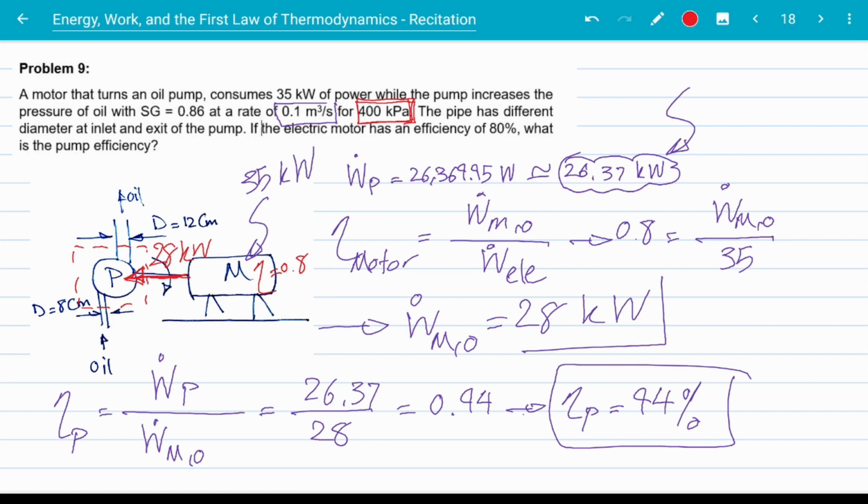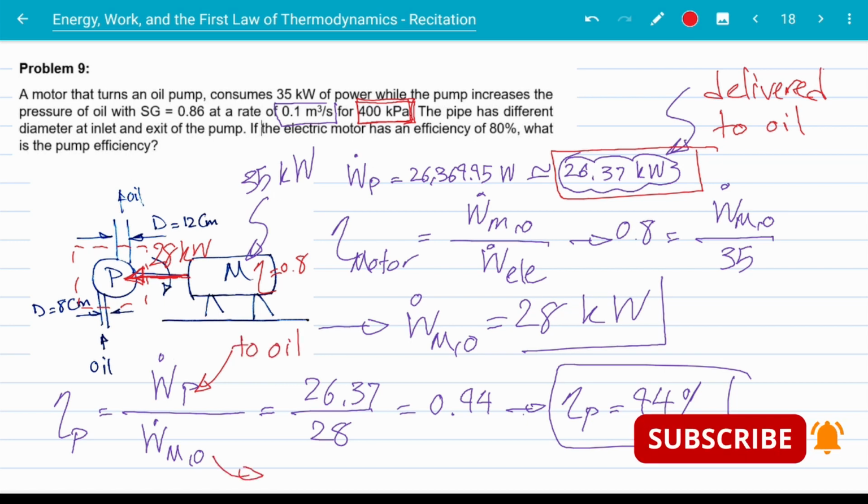Out of this 28 kilowatts of power, 26.37 kilowatts was delivered to oil. So the efficiency of the pump is the power it delivered to the oil over the power it got from the motor.